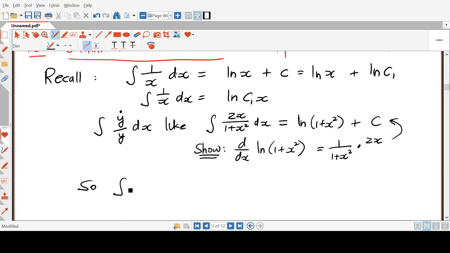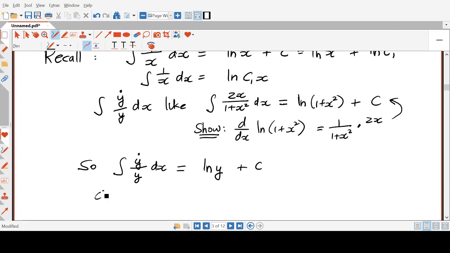So, the integral of y dot over y. Any derivative over the function itself, with respect to some other variable, is always ln y. Differentiate it, check. So what's d/dx of ln of y? d/dx, not d/dy. If I said d/dy, it would be 1 over y. But I'm saying d/dx.